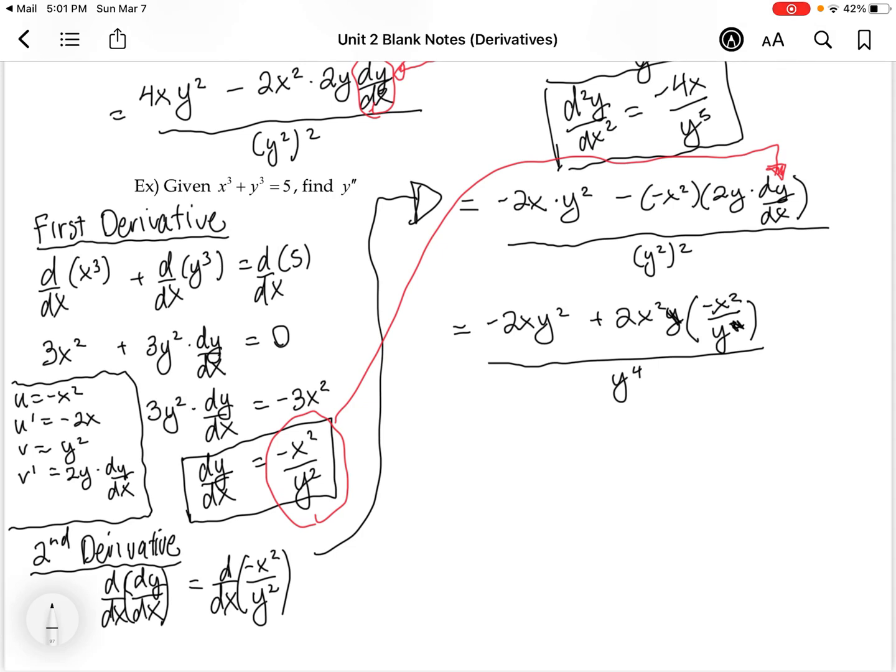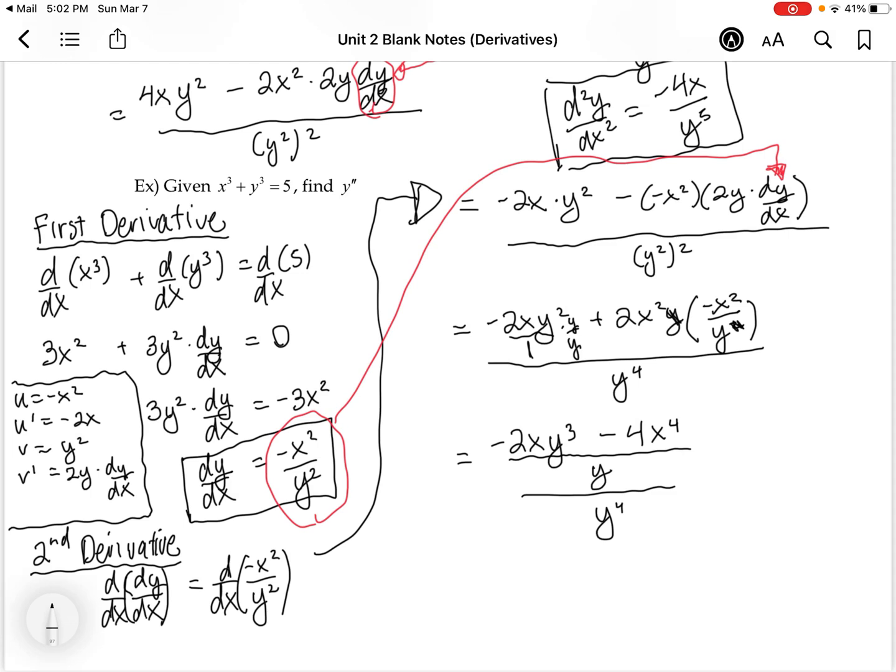The LCD between the first and second term in the numerator is y, because this right now is over 1, so I've got to multiply this by y over y. So we get negative 2xy cubed, and then negative x squared times 2x squared is minus 4x to the 4, all over y to the 4.